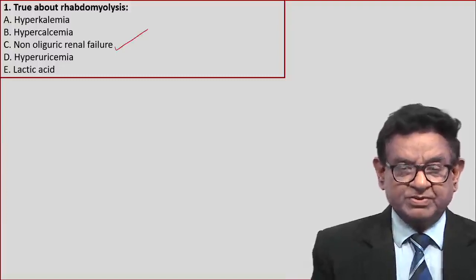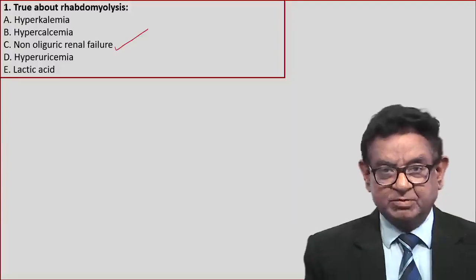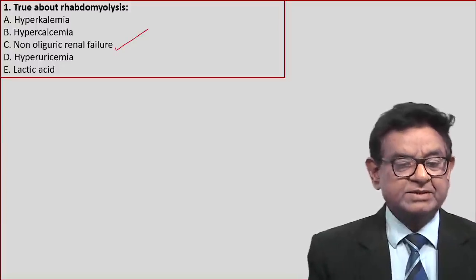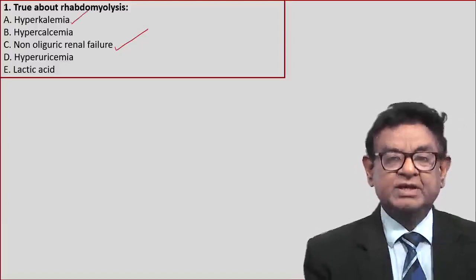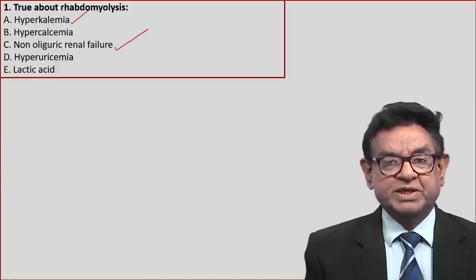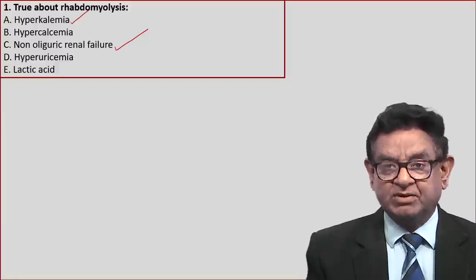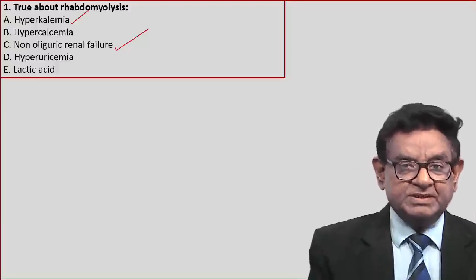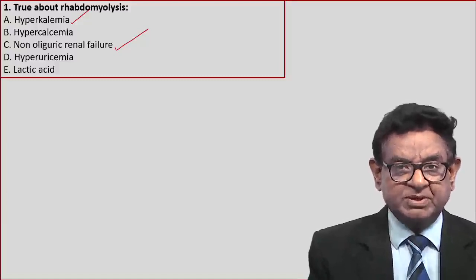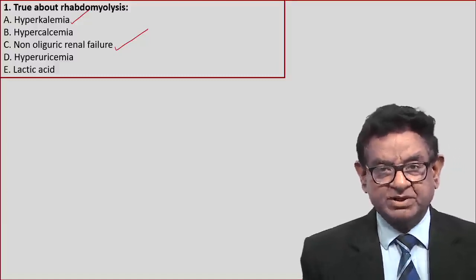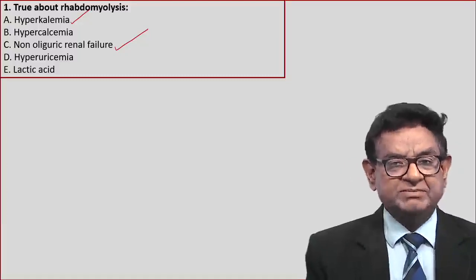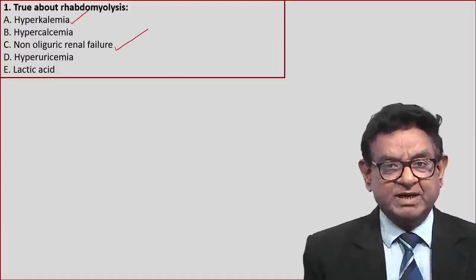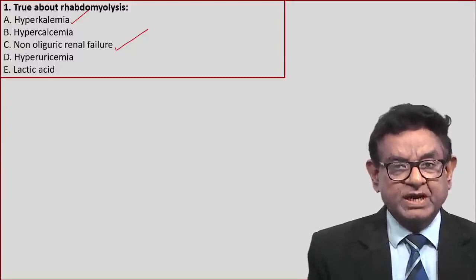Well, the other features we see in rhabdomyolysis are hyperkalemia. Why hyperkalemia? As we know very well, potassium is mainly an intracellular ion. As the cells are crushed, the potassium comes out into circulation, causing hyperkalemia. Hypocalcemia occurs because calcium gets bound to phosphate.